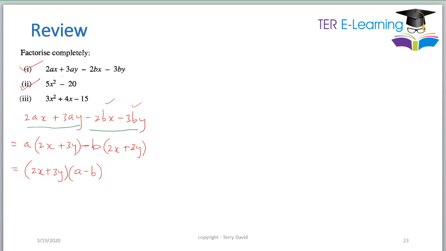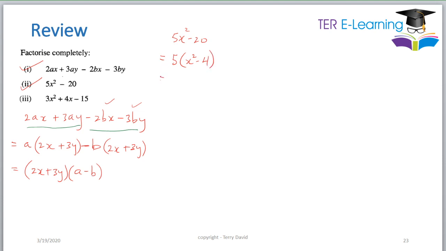For the second one, we have 5x squared minus 20. At the start, the only thing common to both terms is 5, so we factor it out. This becomes 5 multiplied by (x squared minus 4).